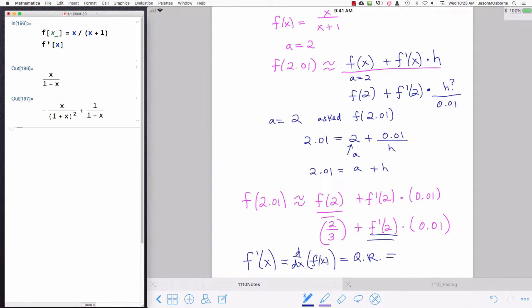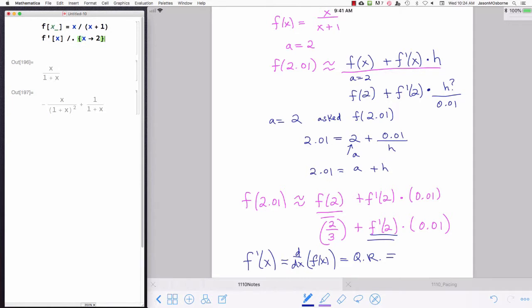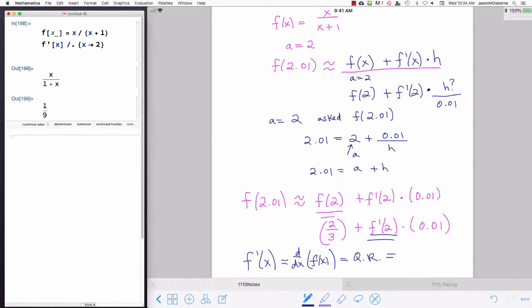Here is the function's derivative. Then you substitute x being 2 into the derivative, and you get 1/9. So the derivative at 2 comes out to be 1/9.